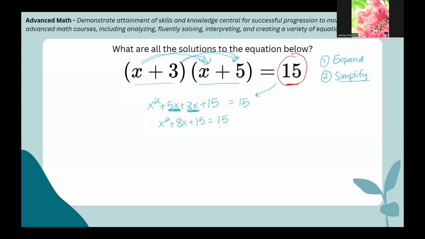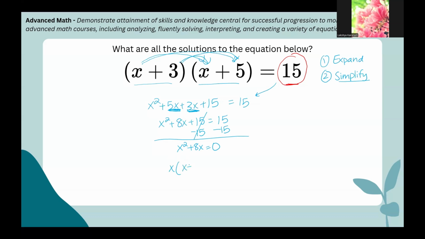Again, the goal is to get a 0 on the right side. So what can we do to go from 15 to 0? We can subtract both sides by 15. And you end up with x squared plus 8x equals 0 because the plus 15 minus 15 cancel each other out. Okay? From here, now we can factor like usual. So we can pull an x out.